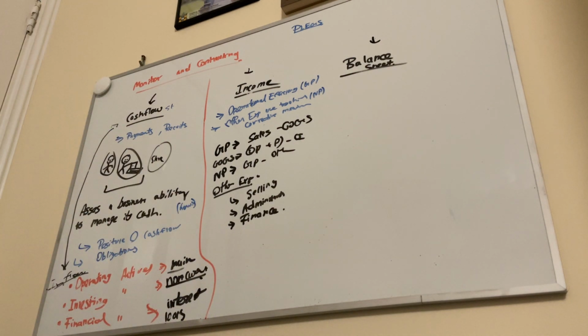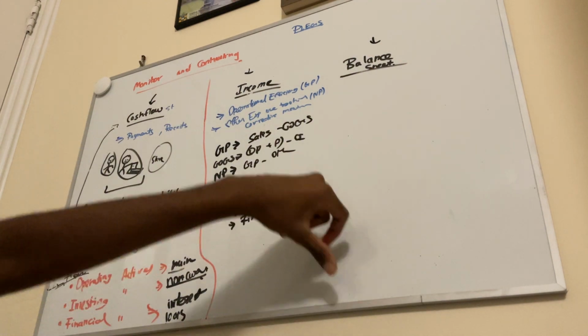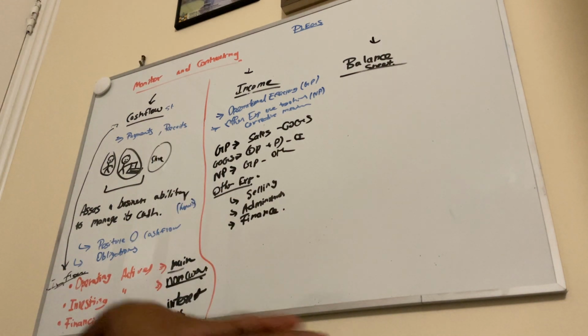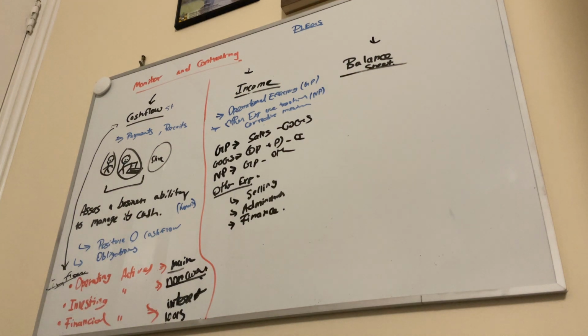The finance expenses refer to interest payments, loan repayments, dividend payments, all that. Okay, so these are the types of other expenses. When we subtract the other expenses from your gross profit, you get the net profit before tax. So that's how much the business has actually made before tax. And then let's say tax is 30% in the country for the business, take 30% off, and that's how much the business actually has at the end of the trading period.